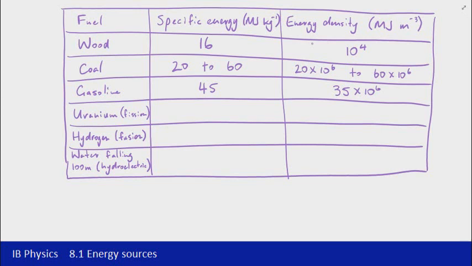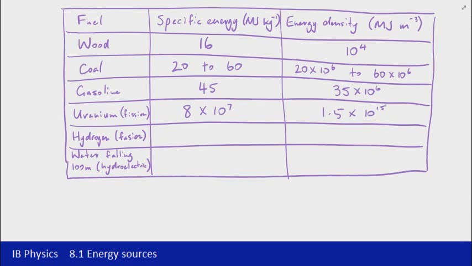Now, if we look at uranium in terms of fission, we see a fairly significant increase. So we're now going up to 8 by 10 to the 7 megajoules per kilogram when we consider fission. The energy density is 1.5 by 10 to the 15. So you can see there why nuclear power is something that's used quite a lot around the world.